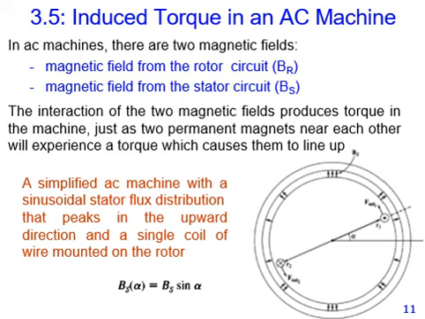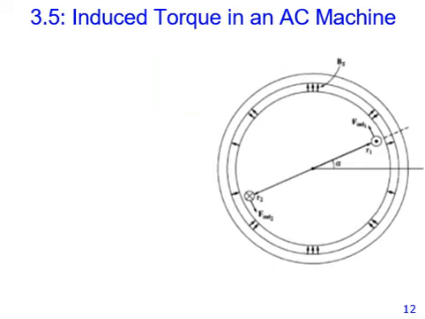How much torque is produced in the rotor of this simplified AC machine? To find this, we will analyze the force and torque on each of the two conductors separately.